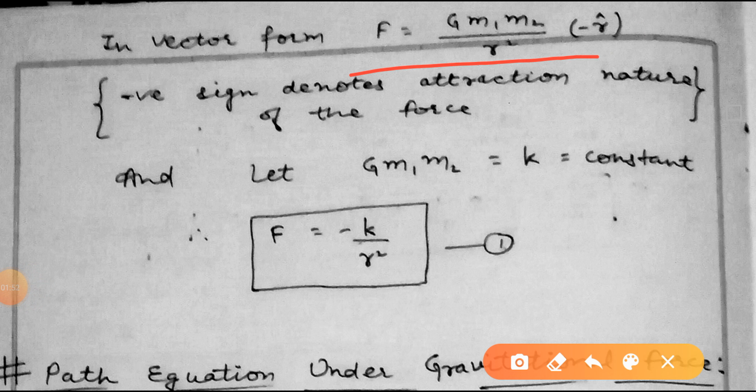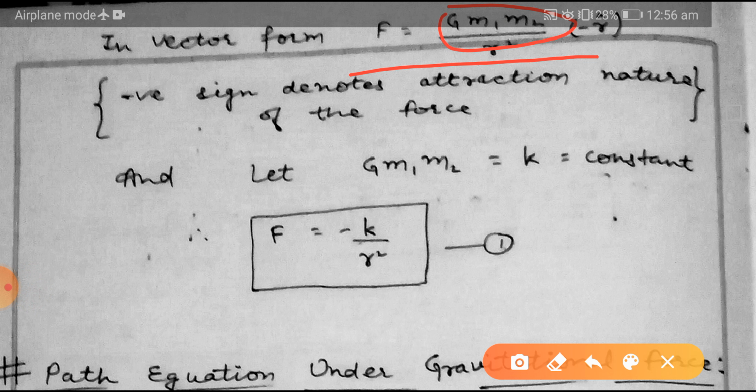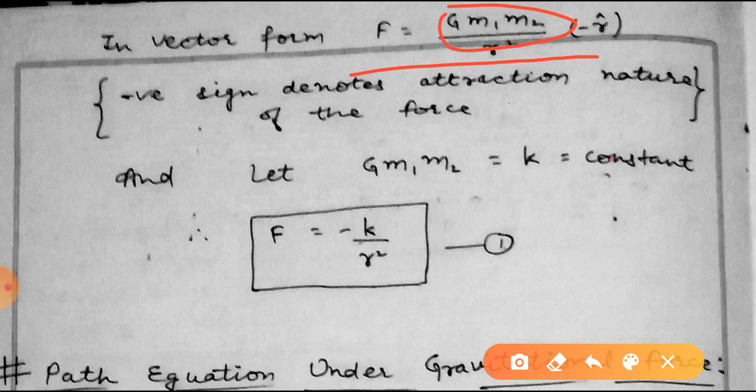Here the negative sign defines the attractive nature of the force. Now we let G m1 m2 be k, an arbitrary constant, then we can write F is equal to minus k upon r square. That is equation 1.